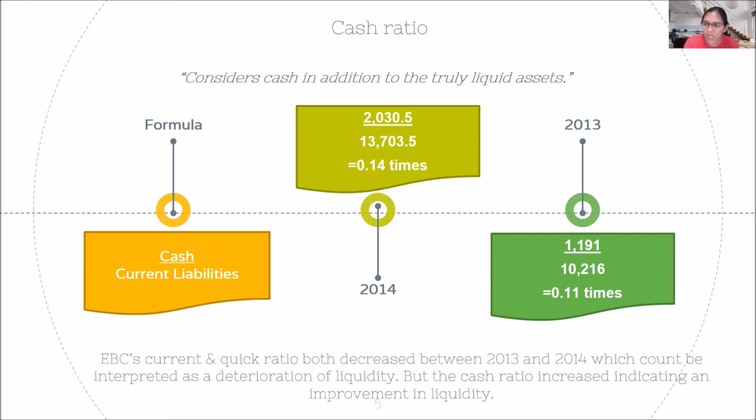That's why can we conclude now that EBC Incorporated is liquid or not? Or is it really deteriorating its liquidity from 2013 to 2014? Then for classroom purposes kasi, we just pose that question. Pero in reality, we really have to get the industry. Anong klaseng industry ba yung kinukumpute natin?